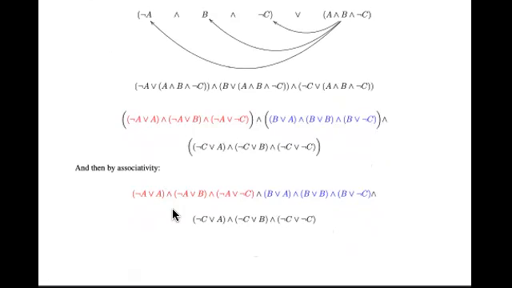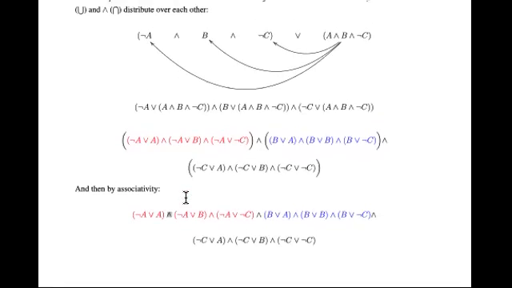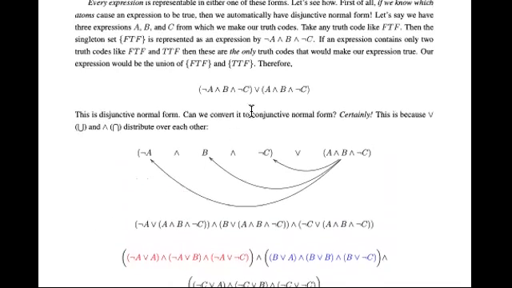Think of a conjunction as an and, if you will, so and in between. Disjunction, think of that as an or in between. Dis for or and con for and, or however you want to think about that. But this right here would be conjunctive normal form, and it began in disjunctive normal form.